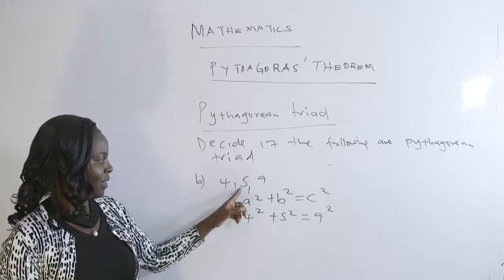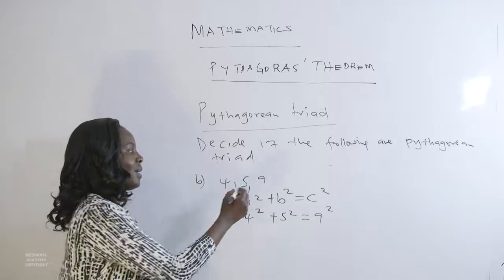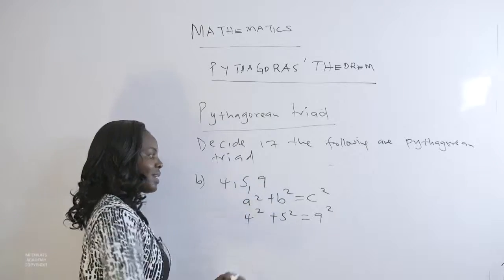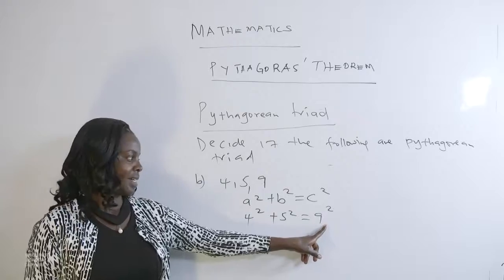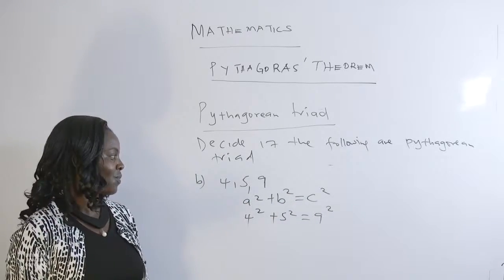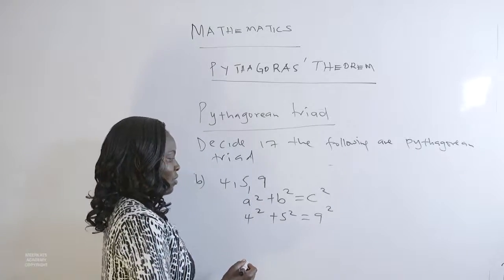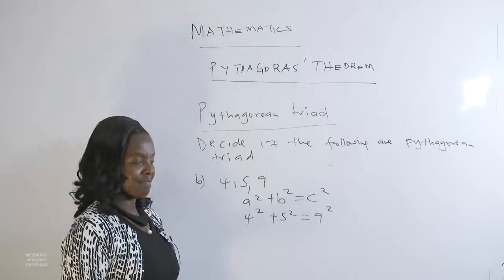Let's substitute these values into this equation. And remember, always the longest side is the hypotenuse, which is represented by letter c. So 9 will come after the equal sign. So let us see if these values will agree.